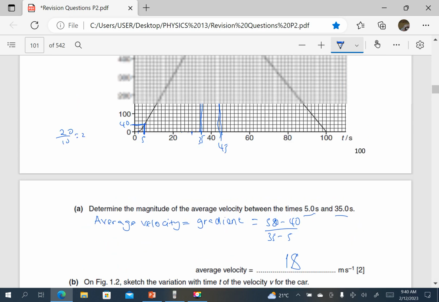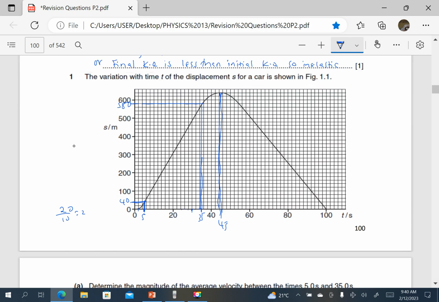And then it again starts increasing. So in this part, the gradient is increasing, but in the opposite direction. So between 45 and around, I think before 60, the straight line starts from around here.